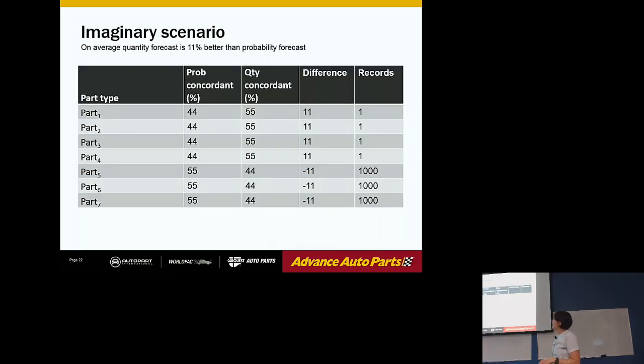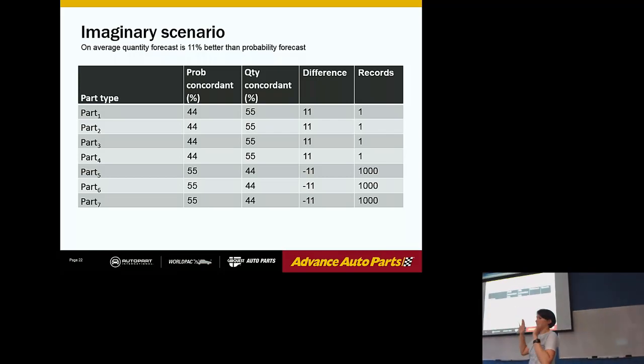So let's say that in this imaginary scenario, we have 7 part types, and the differences between them are 44 and 55, just to make it always 11 difference. So the difference in the first 4 will be 11. Difference for the last 3 will be minus 11.